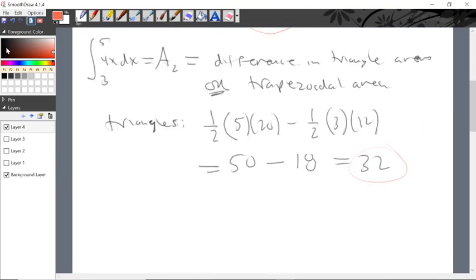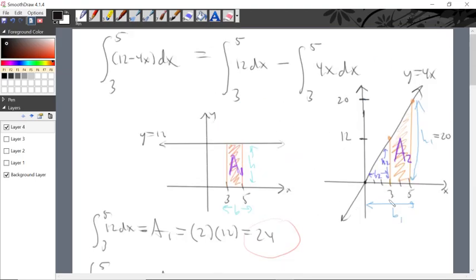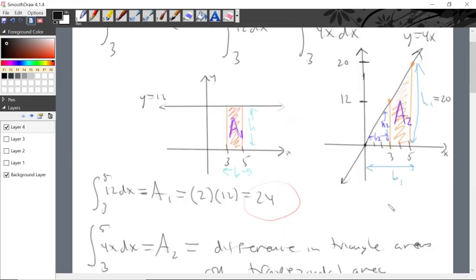And finally, if we want to use a trapezoid, these are just different ways in which we can visualize this. In some exercises, you might find one of these methods or another to be useful. Interpreting this value A2 as a trapezoid, the area of a trapezoid is 1/2 of the sum of the bases, that is the average of the two bases.